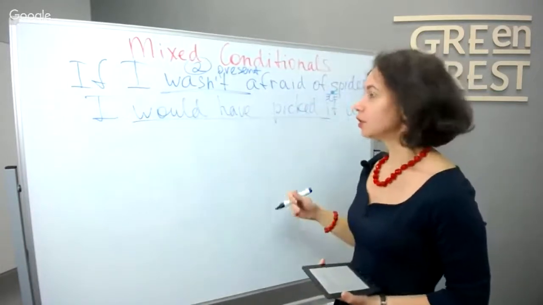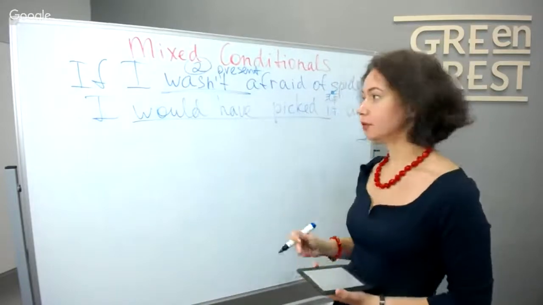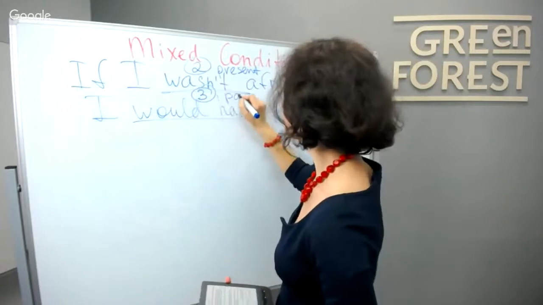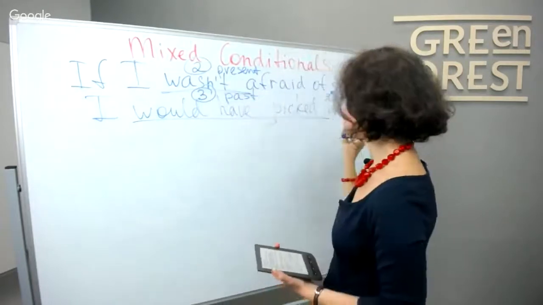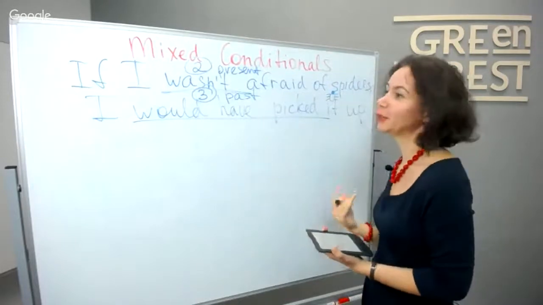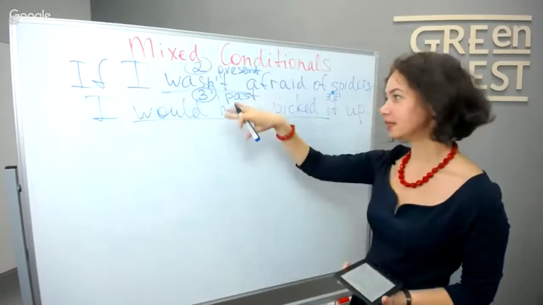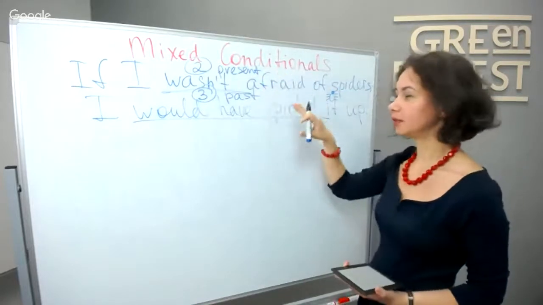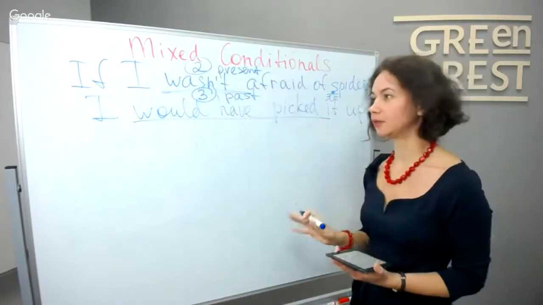This is the construction that we use to express past unreal situation. And this is our third conditional. So this is our past. I would have picked it up a few minutes ago, or I don't know, yesterday. So this is the situation that is about past. And this is our present unreal situation that is typical for us.